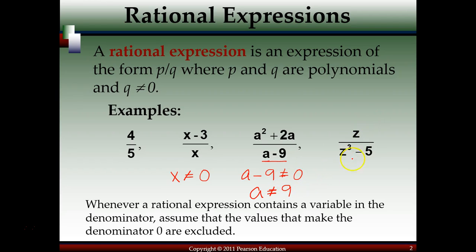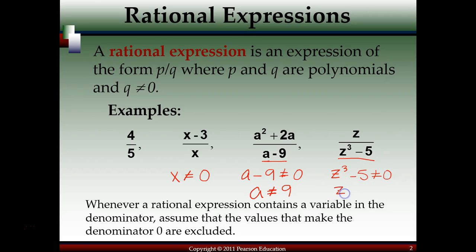All right, this next one, we have z cubed minus 5. In this one, again, do the same thing. Take that denominator, it cannot equal 0, and solve for z.